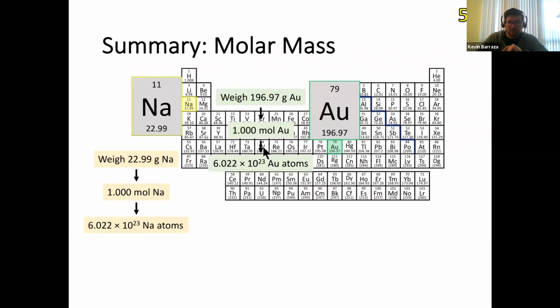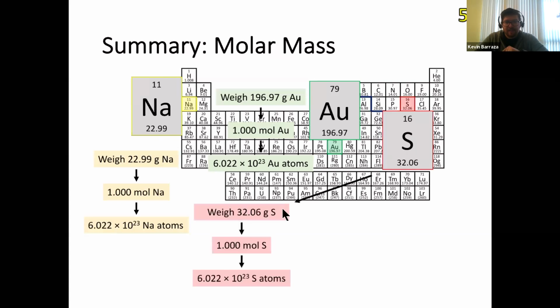And because of the conversion we learned, 1 mole means that I know I have 6.022 times 10 to the 23 gold atoms. And so forth. So sulfur, right? Sulfur is 32.06. If I weigh 32.06 grams, I have a mole of sulfur. And that's going to be this many particles again.